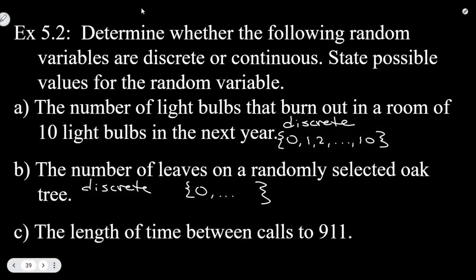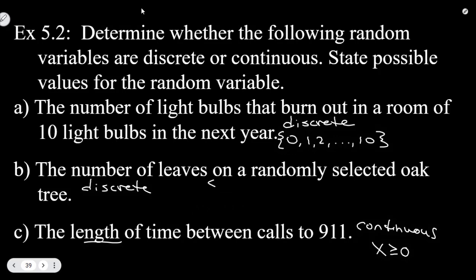Letter C, the length of time between calls to 911. When you talk about length, even though it's time, you are measuring something, so this is going to be continuous. The values are x, where x is greater than or equal to 0. I suppose it's possible that calls come in at the same time.